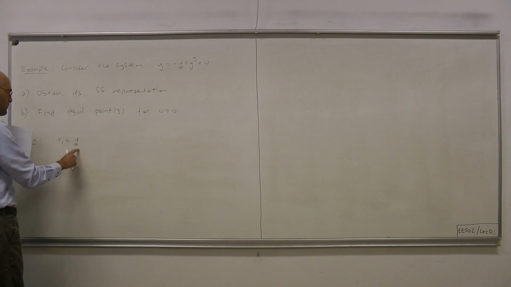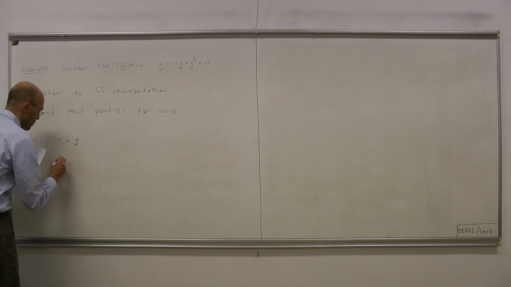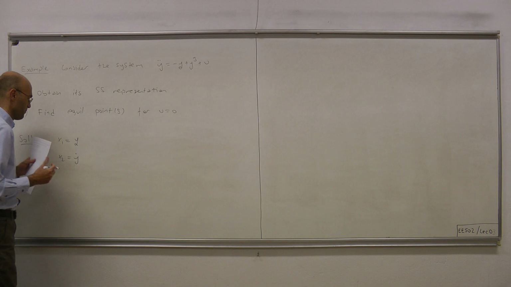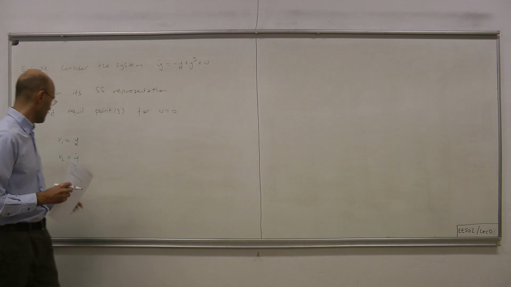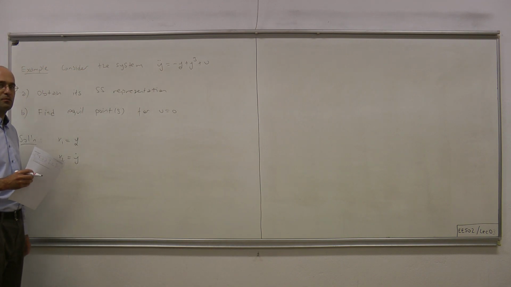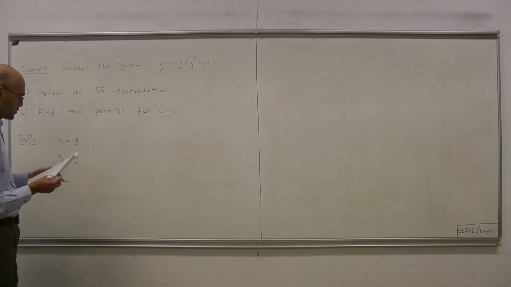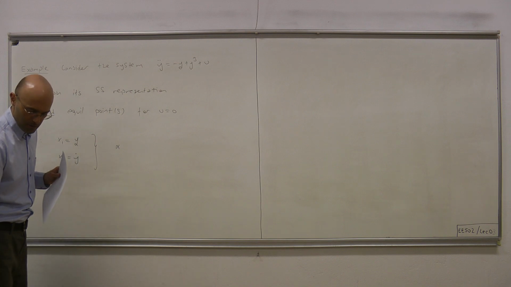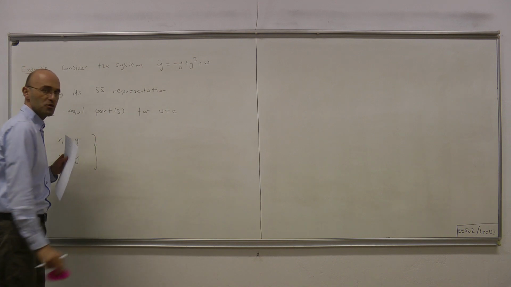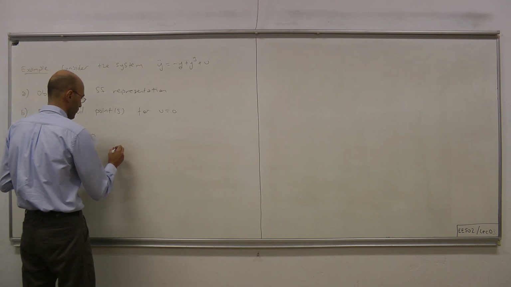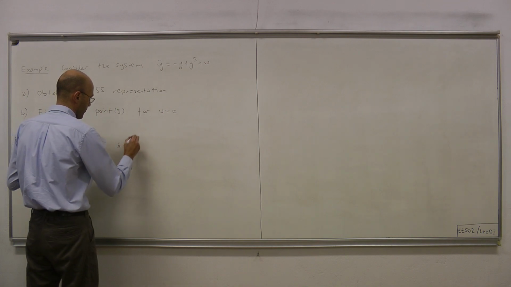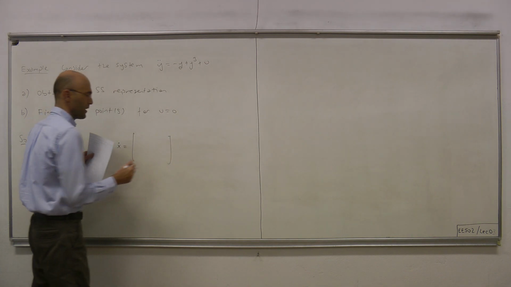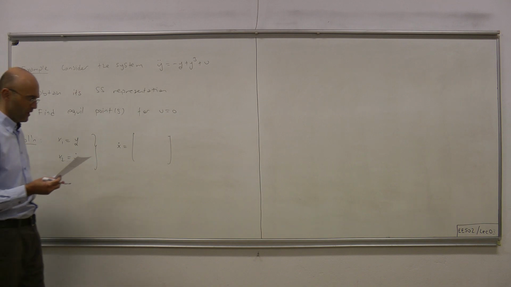Let's call the position y x1, and let's call the velocity, namely y dot, our second state variable x2. Once we have x1 and x2, we can easily obtain the state space representation x dot equals f of x, u and y equals g of x, u.